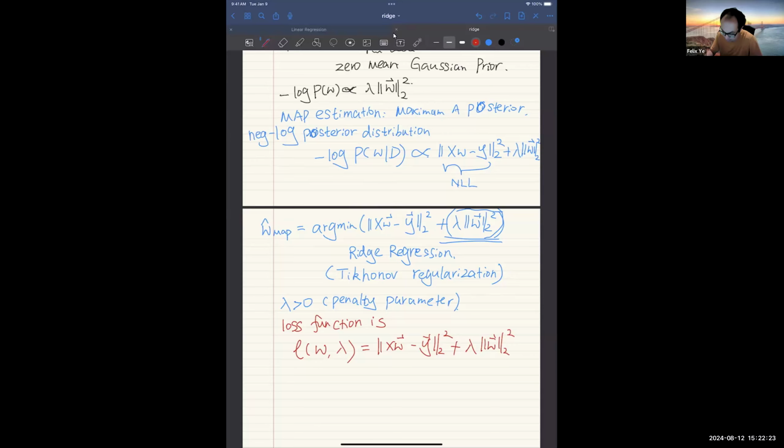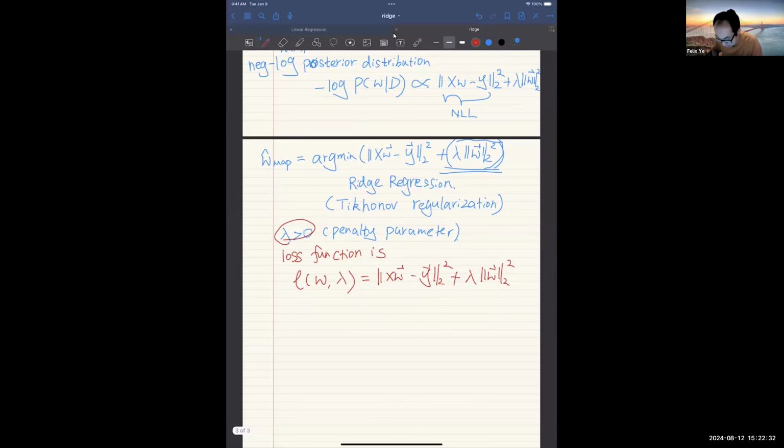And the key here is, if lambda is strictly positive, we can show this whole loss function is strictly convex, and the solution exists and is unique.